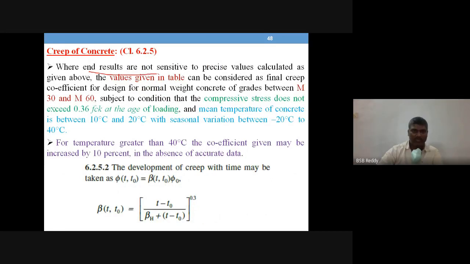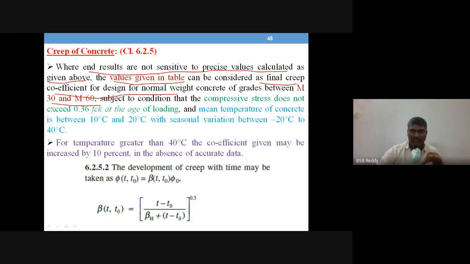If the end results are not sensitive to precise values calculated as given above, meaning the strain value that you are going to calculate does not need a precise value, some work which is unimportant to you, then for such cases the values given in the table can be taken as the final creep coefficient for design of normal concretes of grades between M30 and M60.